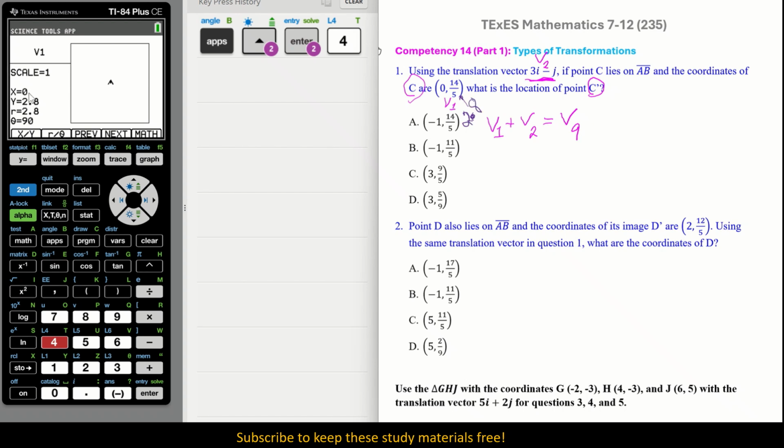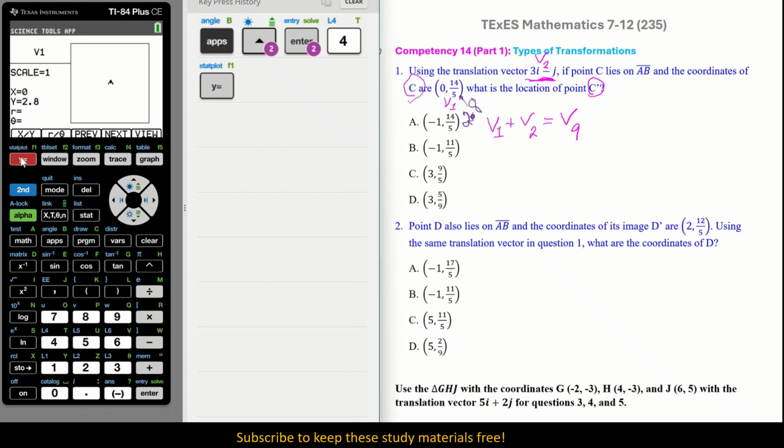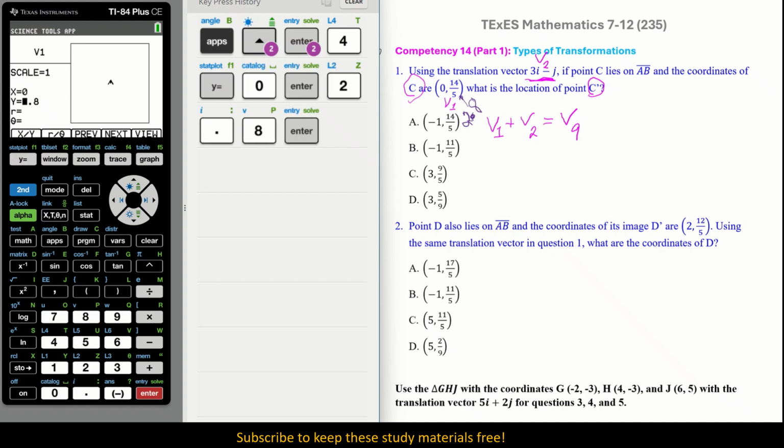If it's not entered in your calculator, this is what you do. Press y equals below the xy because we are not in degrees. We don't have any degree measures. So here, just push your enter and then your 2.8 enter. Now, to get the rest of it to come into view, literally push view.